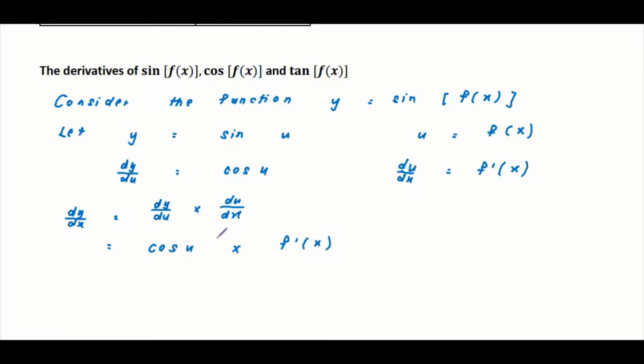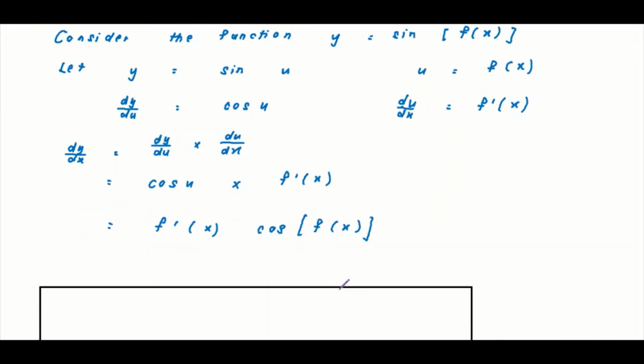Then we substitute back u, because we want dy/dx. u is f(x), so we rearrange this as f prime x, then cos f(x). In short, when you have sine f(x), you differentiate what is in the bracket and write it before the cos, which means it becomes a multiplication. Whatever is in the bracket does not change.